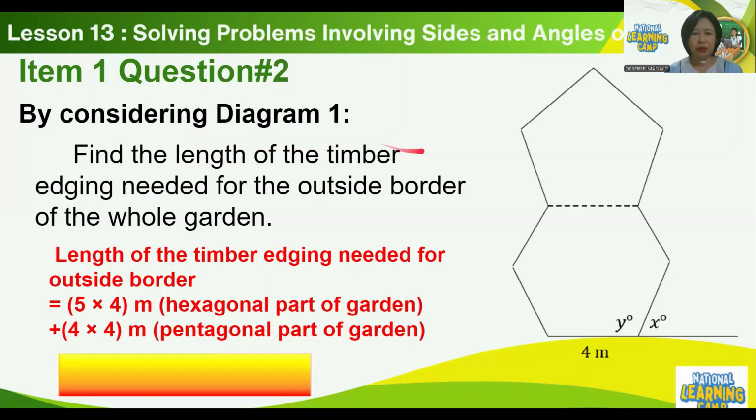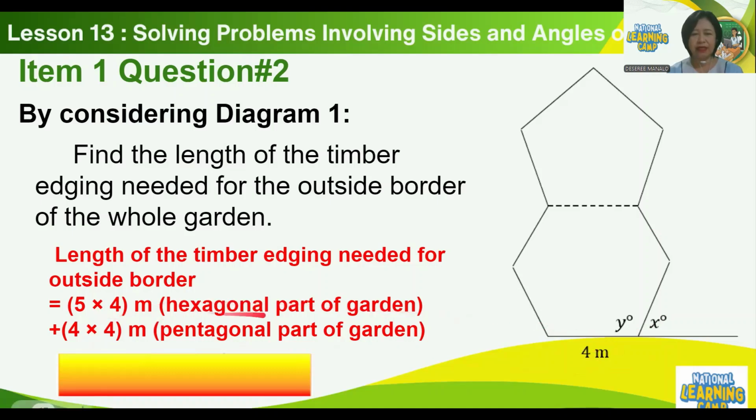Item 1, question 2. By considering again diagram 1, find the length of the timber edging needed for the outside border of the whole garden. So we have 5 times 4 meters for the hexagonal part of the garden. Why 5? This is the hexagonal part of the garden, so we have 1, 2, 3, 4, 5 sides only, times 4, the length of the side, so 4 meters.